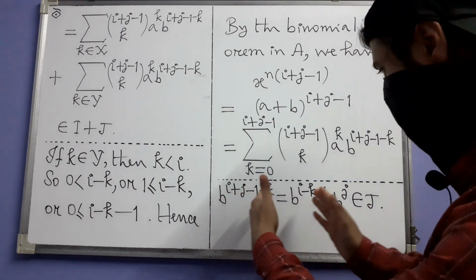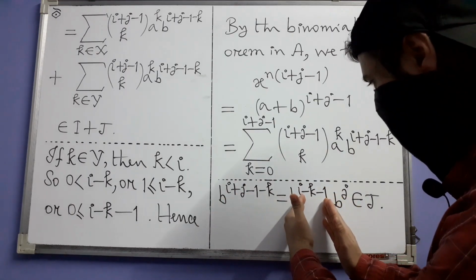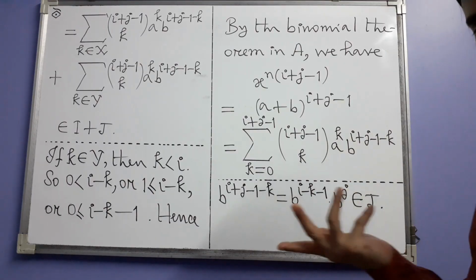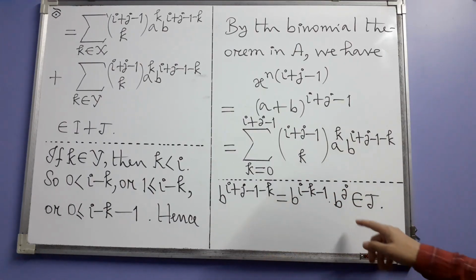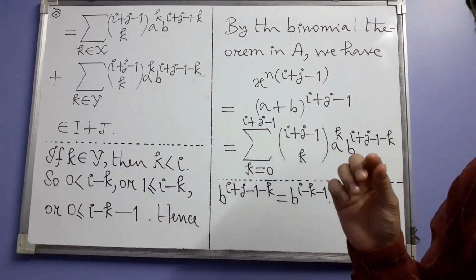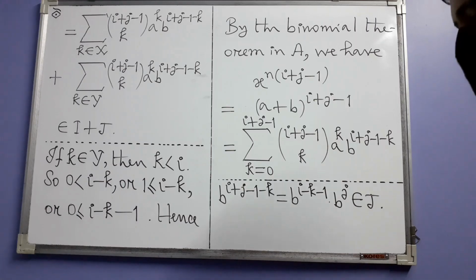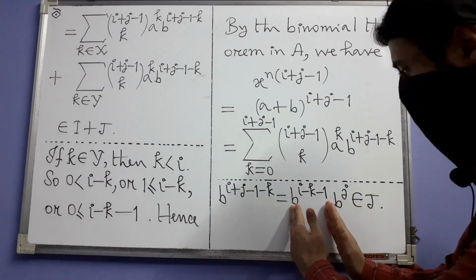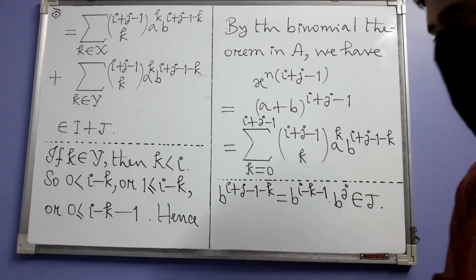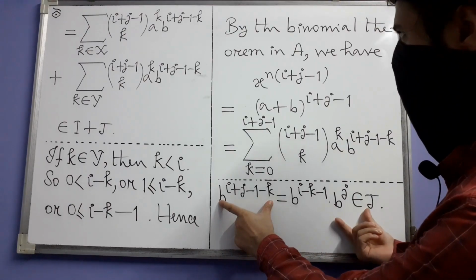The fact that this is greater than or equal to 0 allows us to do so. j is already a positive integer. And now what do we know about b to the power j? The fact that b to the power j belongs to the ideal J. So if you multiply that by this power of b, the product will also belong to J because J is an ideal. That means this belongs to J.